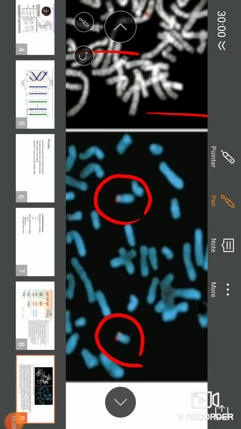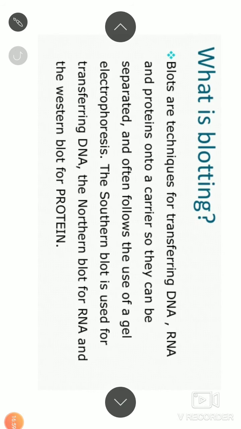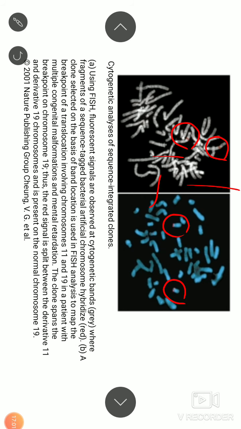So that is where the dye, sorry, our probe is bound. And here is one more image where you can observe a probe bound here, and a probe bound here. In a similar way, this is how the imaging looks when you develop with FISH. So now one more we will see.